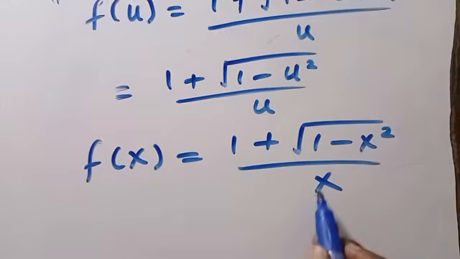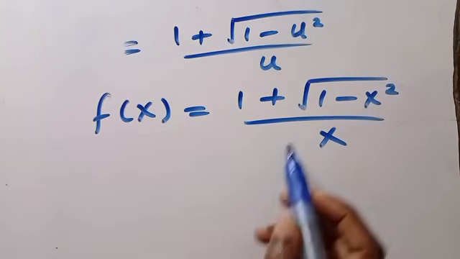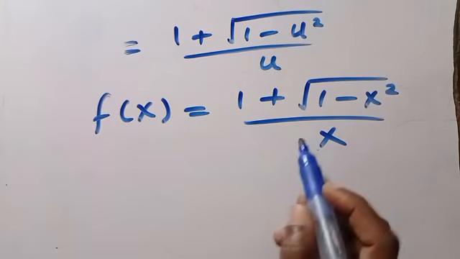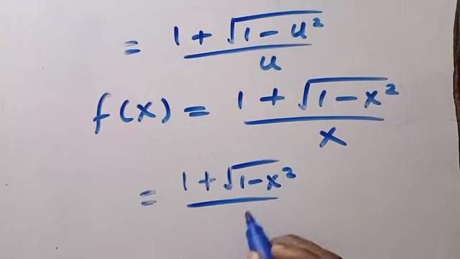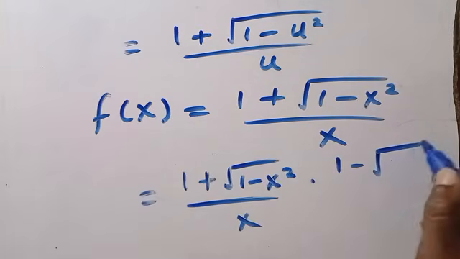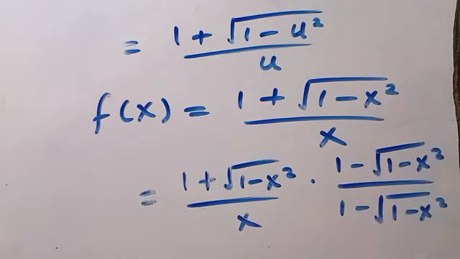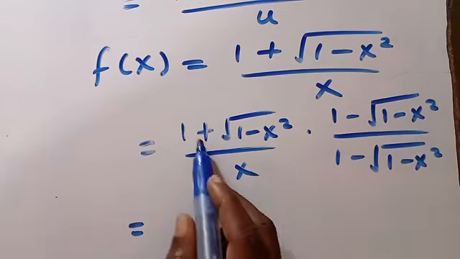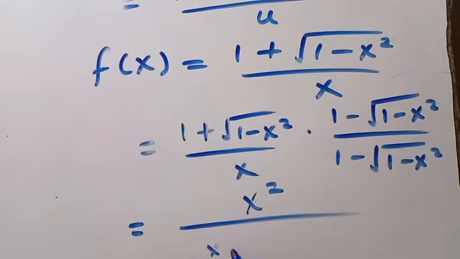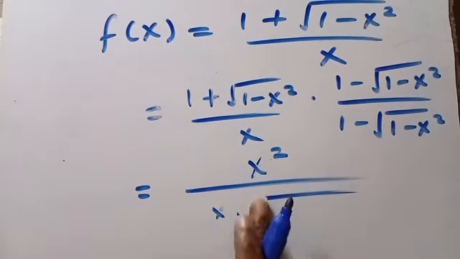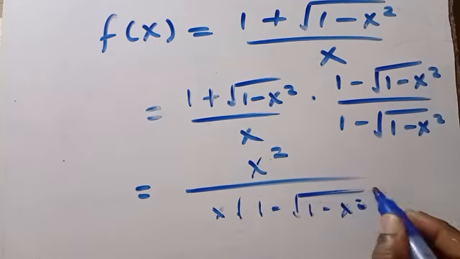What we are going to do is, I don't want to see this x at the denominator, so we try to rationalize. We rationalize the numerator by multiplying everything by 1 plus root 1 minus x squared divided by 1 plus root 1 minus x squared. When we take the product, at the numerator we have only x squared, divided by x multiplied by 1 plus the square root of 1 minus x squared.